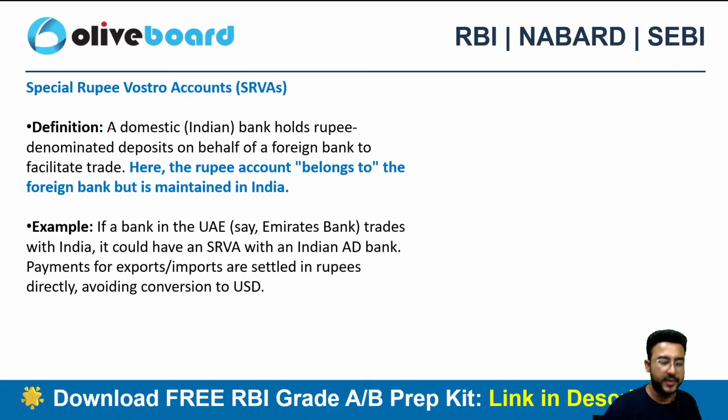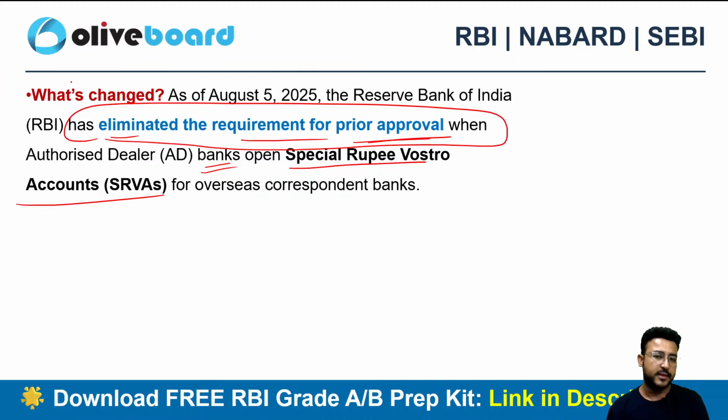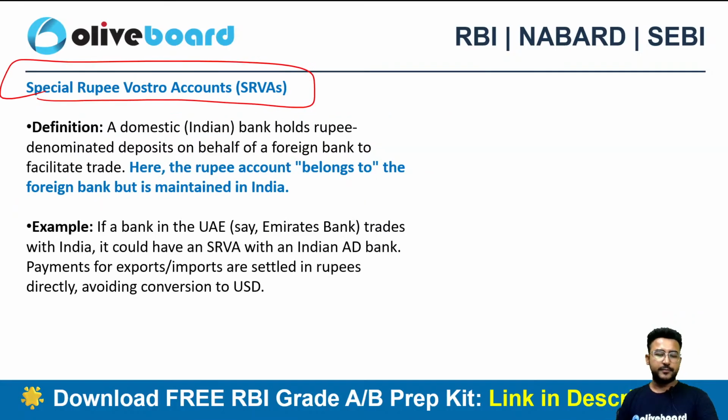You are free to open the special rupee Vostro account, right? What is a special rupee Vostro account? It's nothing but, let's suppose a foreign bank wants to open an account here in INR. They can do it without taking the approval of RBI as of now. This is the key update, right?